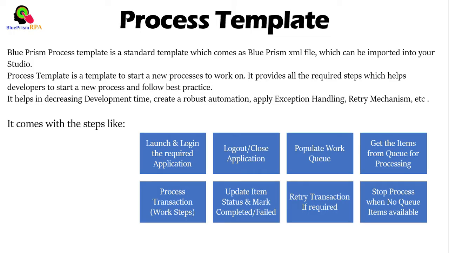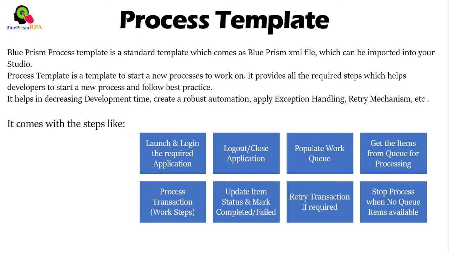It helps in decreasing development time, creating a robust automation, applying exception handling, a retry mechanism, etc. It comes with steps like launch and log in to the required application, log out or close the applications, populate the work queue, which means add items to the work queue, get the items from the queue for processing, process transactions, update item status and mark completed or failed, retry transactions if required, and stop the process when no queue items are available.